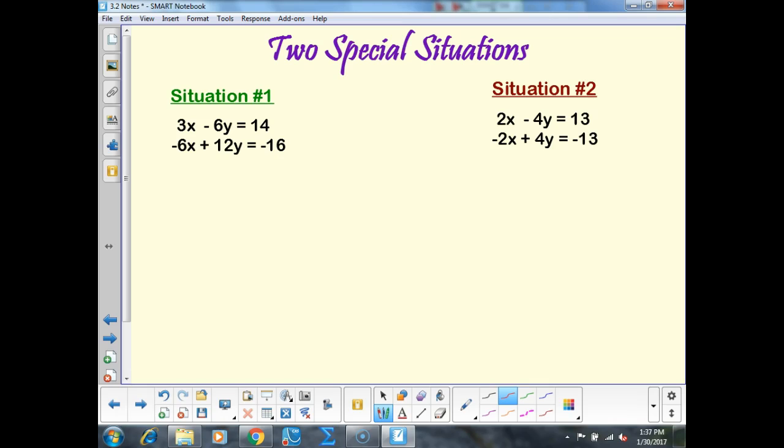I need a variable and an equation. So top or bottom, x and y. What do you want to solve for? Which one do you want to isolate? Top one for y or top one for x? I don't care. X? Because it's smaller? Doesn't really matter because there's no easy one to pick, right?